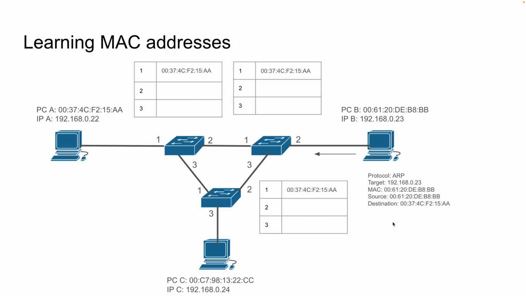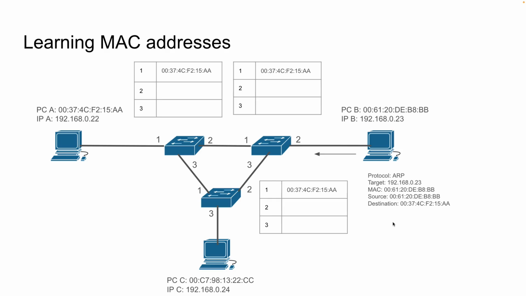So it just keeps silent. But computer B understands that the ARP request is about its own MAC address because the target IP field has the value equal to its local IP address, 192.168.0.23.